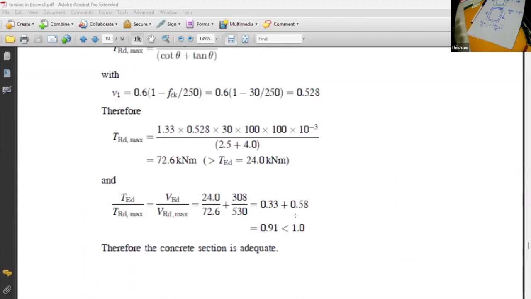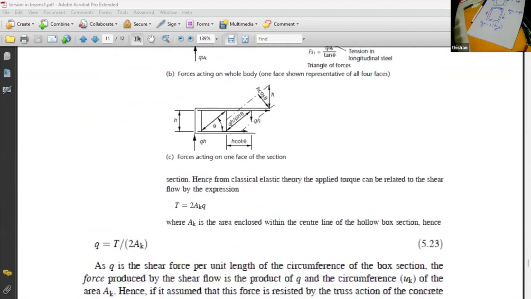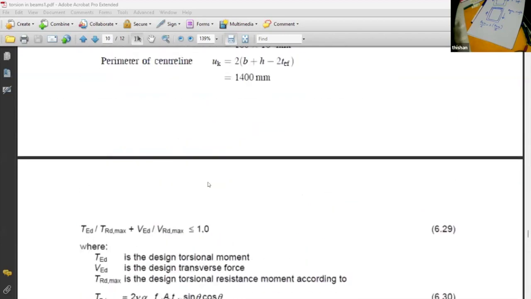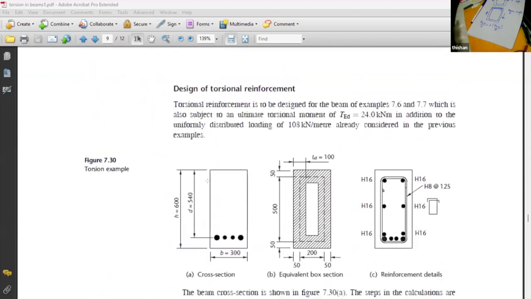These are checked to see whether 24 kilonewton meters of torsional moment can be carried. And if you look at the figure, here you can see every corner 16 millimeter bars, 2 additional bars here, 2 additional bars here. Because it's subject to torsion, you have to provide additional bars right round.